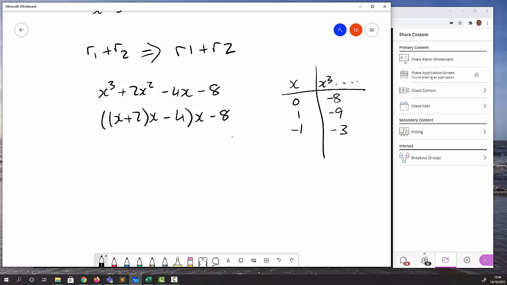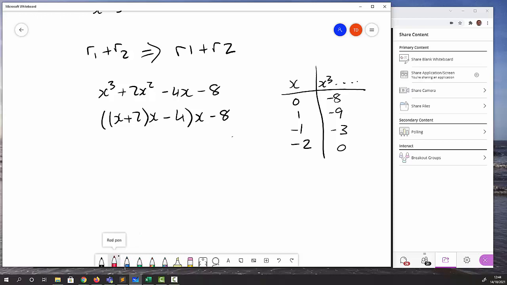So should we try minus 2, just looking at this? Minus 2 plus 2 is 0, so that whole term disappears. And then I've got minus 4 times minus 2, which is plus 8, and then minus 8 there, so ta-da, that is a root. That's important.